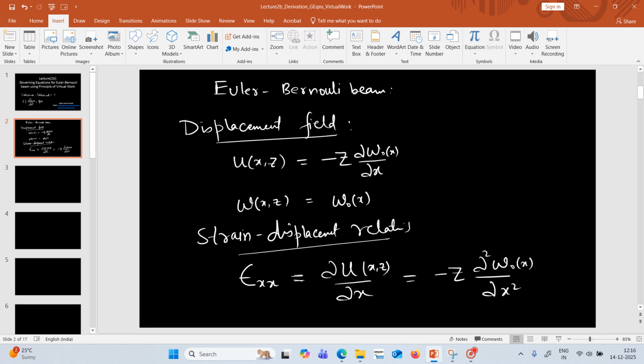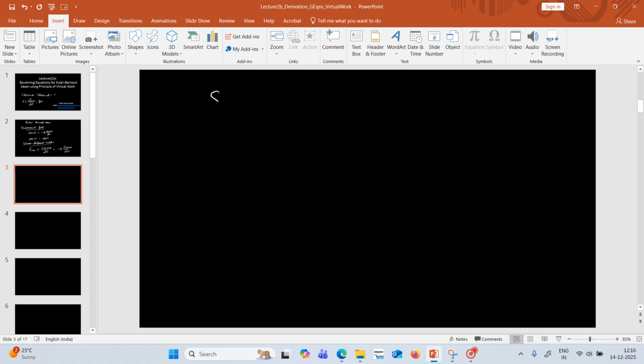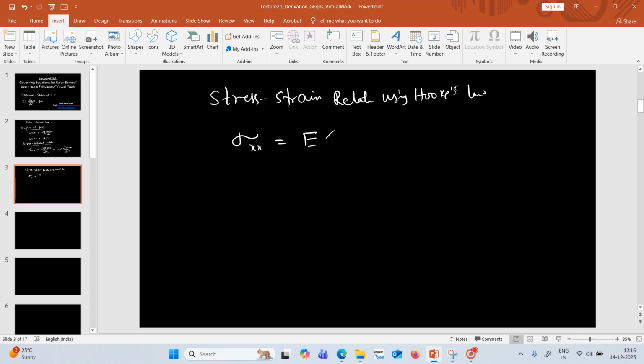Now we know the stress-strain relationship using Hooke's law for the one-dimensional beam. The stress sigma xx equals Young's modulus E times epsilon xx. As we are studying a homogeneous and isotropic beam, E is constant.